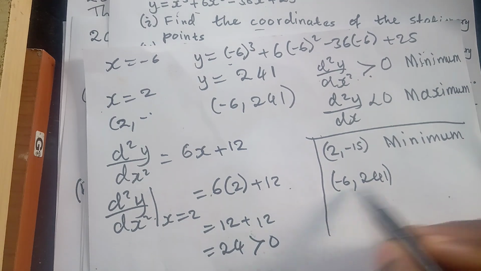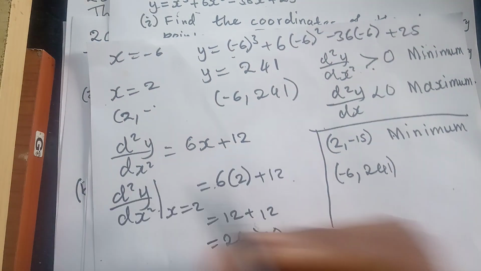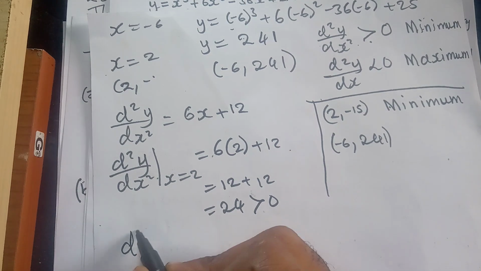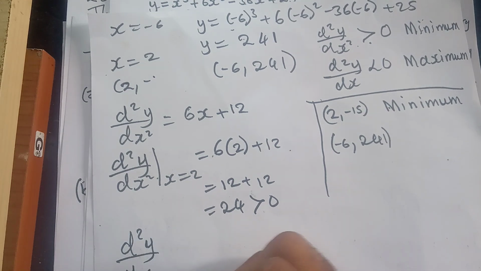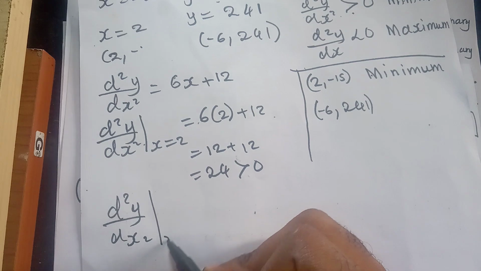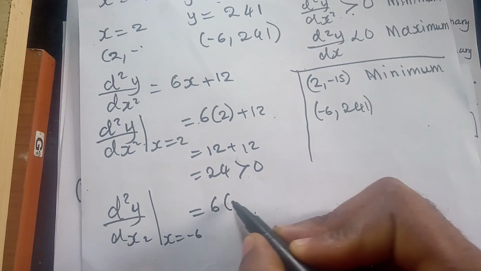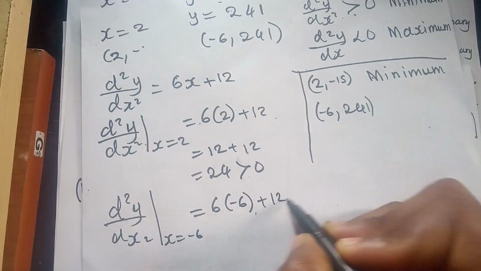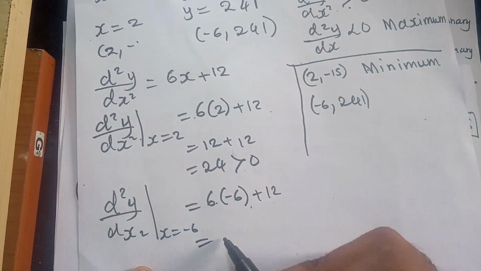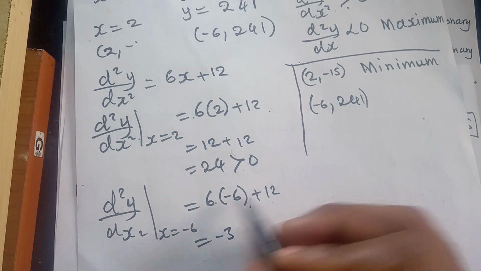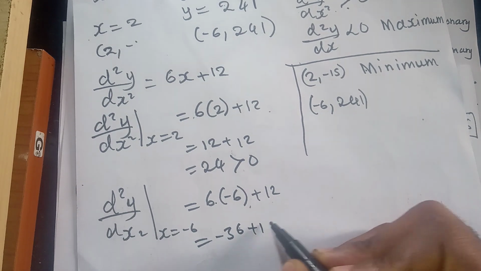Now to test this one, you can simply do the same thing. So we have d2y/dx2 at the point where x is equal to negative 6. So we can say 6 times negative 6 plus 12. And then this times this will be negative 36 plus 12.